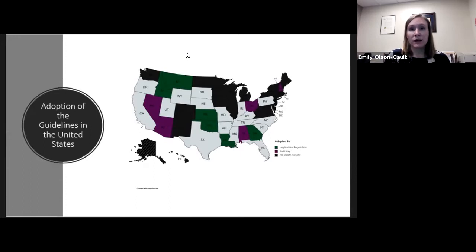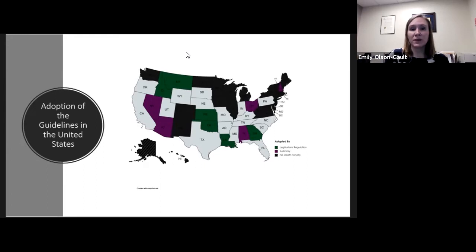There is a downside to this, though, and that is, as the justices on the courts change, often the court rules change a bit. And we have seen that, unfortunately, in Ohio, where at one point the guidelines were a mandatory part of the court rules and then later became only a discretionary or optional part of the court rules.